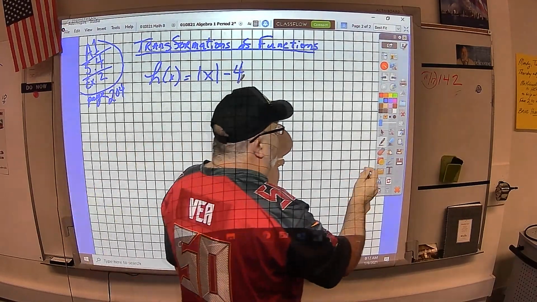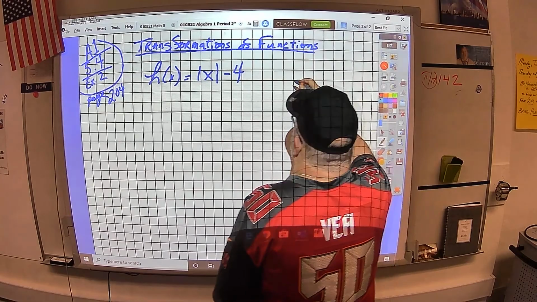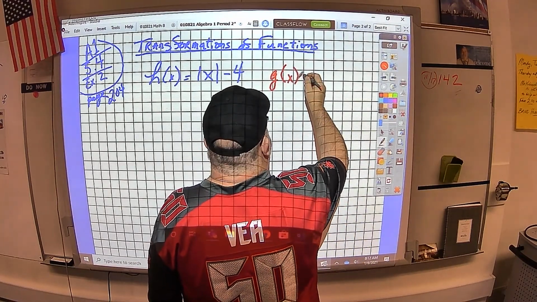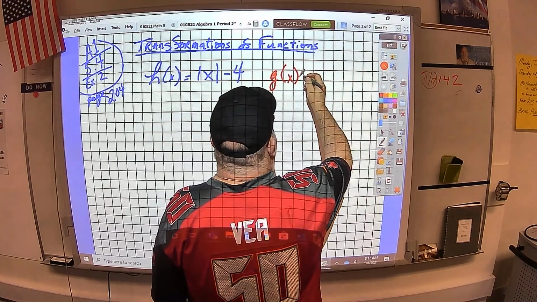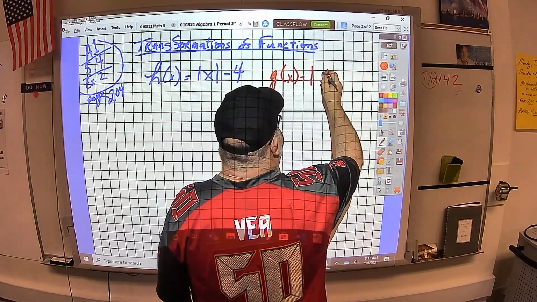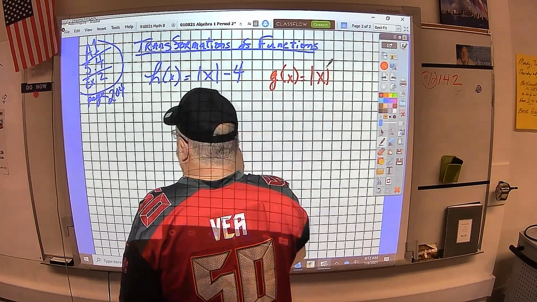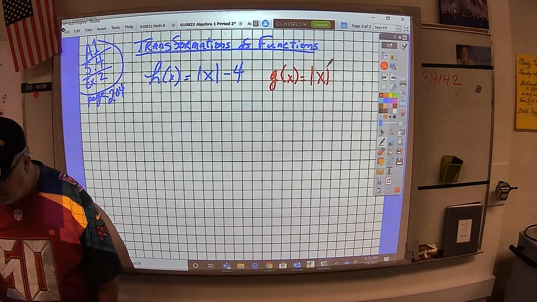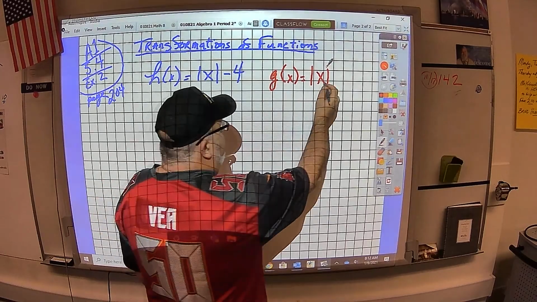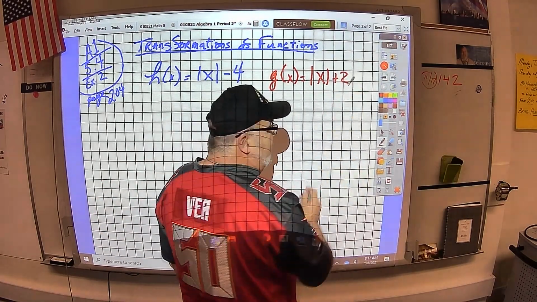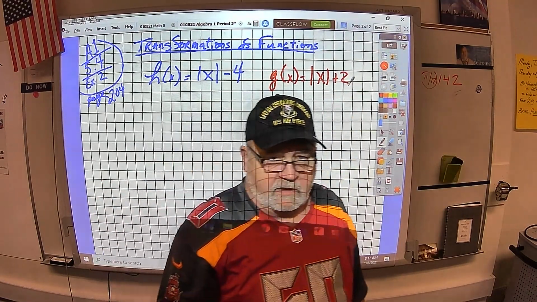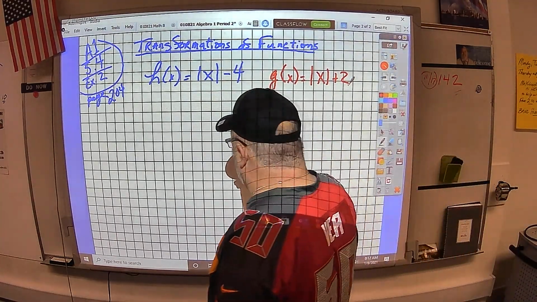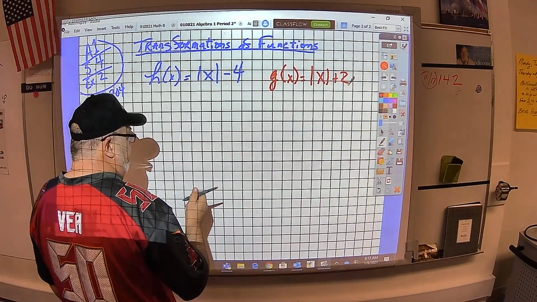And then we're going to compare that to g sub x, which is y for a different model, and that's going to be the absolute value of x plus 2. And again, we're trying to go through this quickly because transformation shouldn't be that difficult, not at this level.